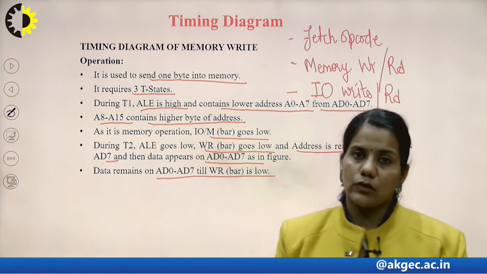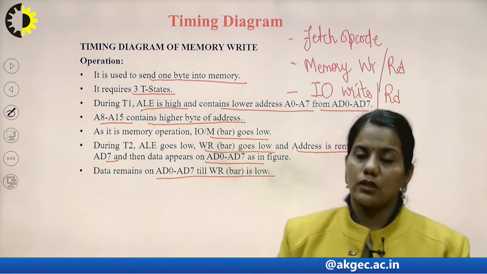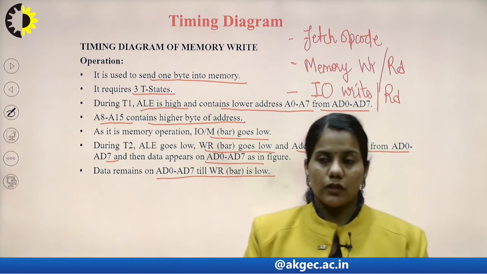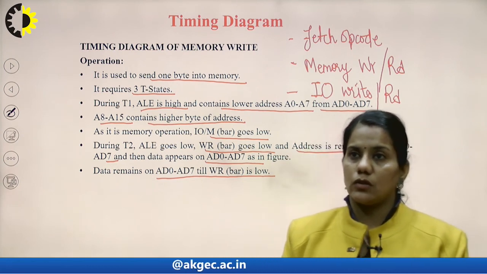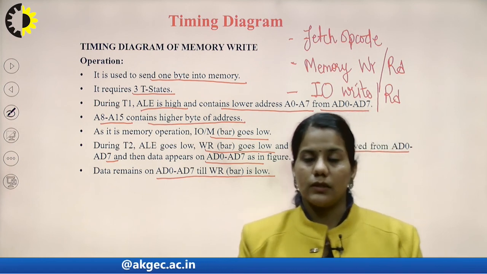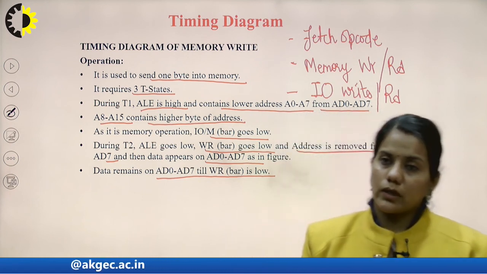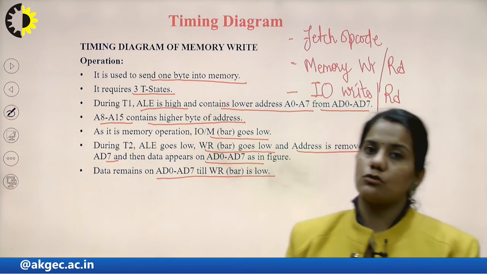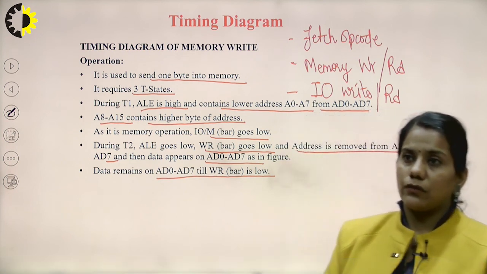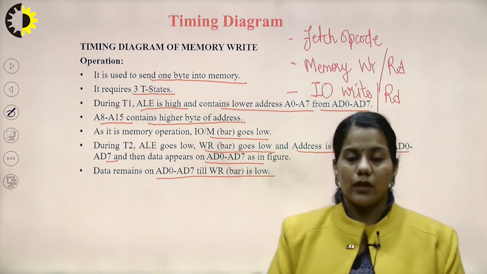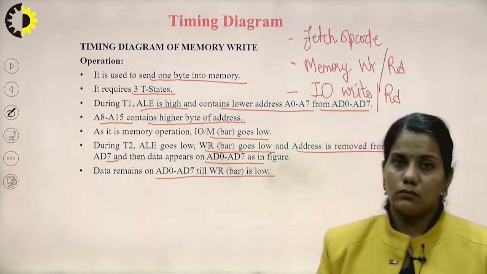Then we have to latch the lower order address bus during the T1 state. After T1, this multiplexed address and data bus is used to carry the data. The higher order address bus is used to carry the higher order address, and after that the read and write operations are to be shown.